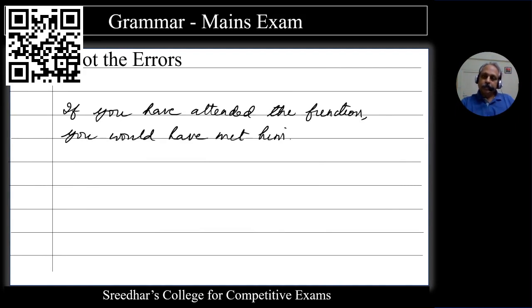This sentence is wrong. Why is it wrong? Whenever you see the word if, you have to think of conditionals. And which conditional is this? Past conditional. And past conditional, main clause we use would have plus past participle. Nothing wrong with this part. If clause, we should use past perfect tense. But here it is in present perfect, so it is wrong. If you have is not correct. If you had attended the function, you would have met him.